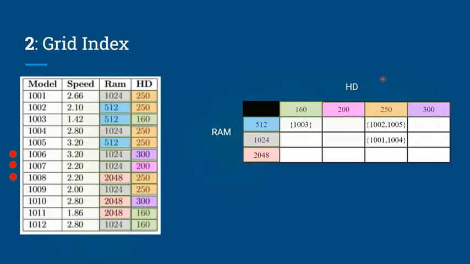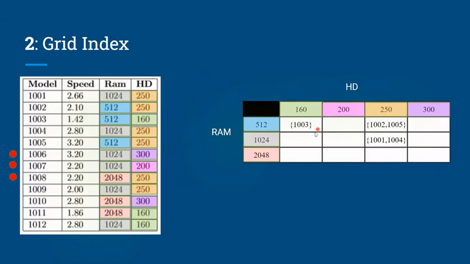Then we go to 1006, 1007, 1008 to be inserted accordingly. So, for example, you would have 1006 inserted in RAM 1024 intersecting with HD 300. So that would be on this part.